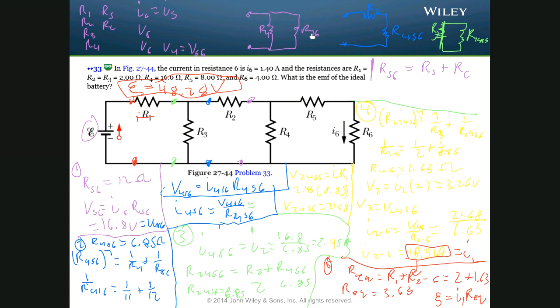Then we changed colors and did the analysis for that circuit, and so forth on to 3, 4, and 5, all the while solving for various currents and voltages so that we could reduce the circuit and eventually solve the equivalent circuit, which just has the current, the EMF, and the equivalent resistance, and then we could get our EMF.